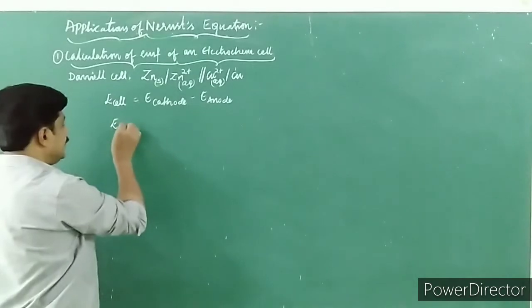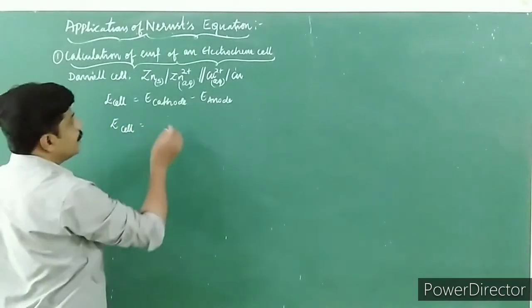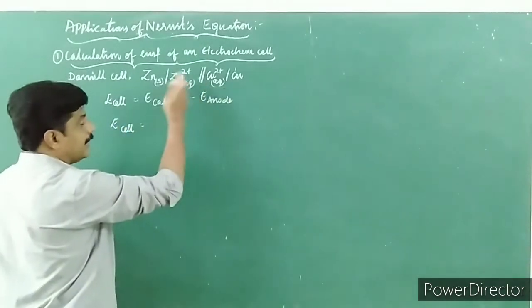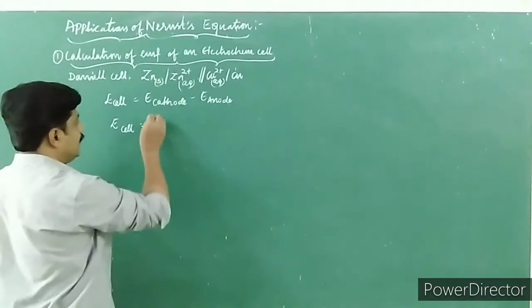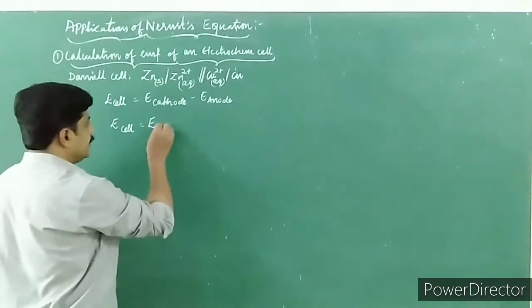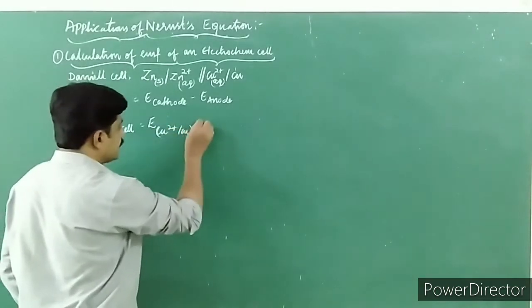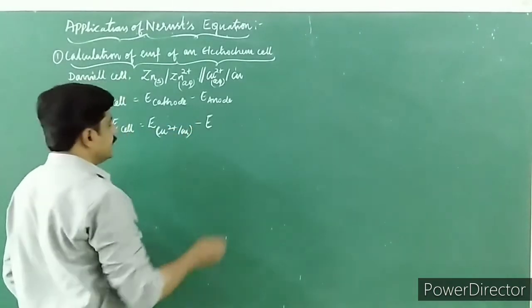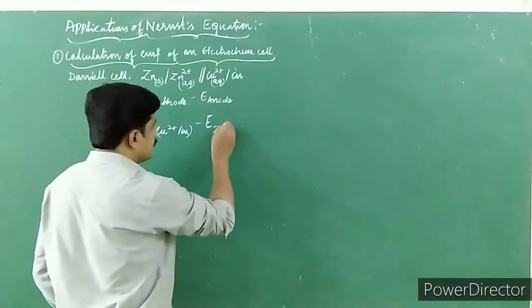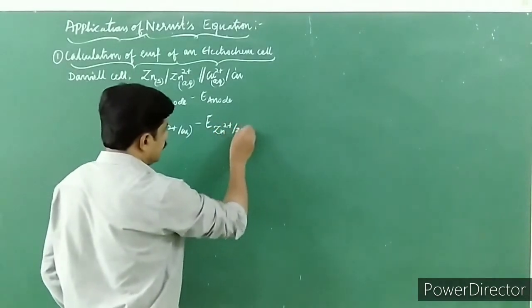Let me write E cell is equal to reduction potential of cathode minus reduction potential of anode. In that case, E_(Cu2+/Cu) minus E_(Zn2+/Zn).